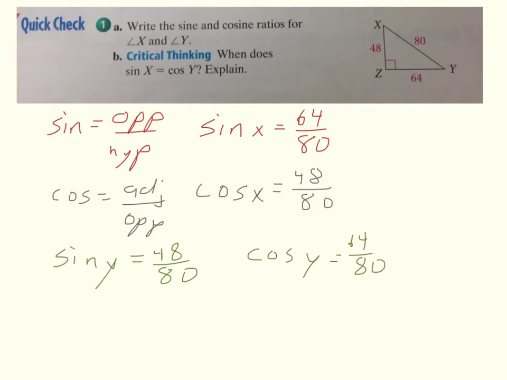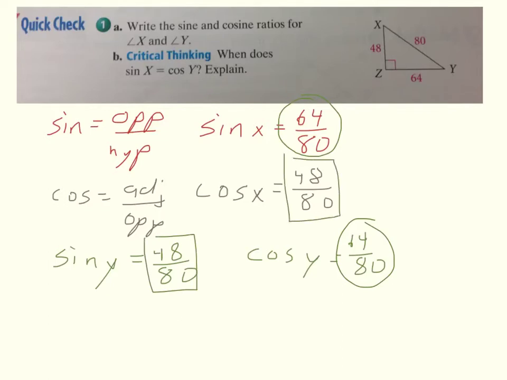Part B on quick check number 1 asks us, does the sine of x equal the cosine of y? Sure enough, it does. And does the cosine of y equal the sine of x? Sure enough, it does as well. And the reason for this is because they are complementary angles.